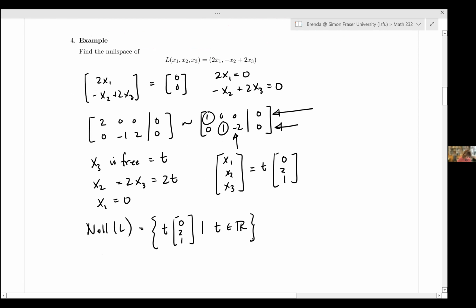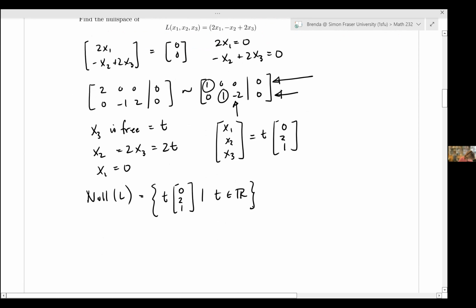Okay, and that is a line. The other way of writing this is that this here is a basis for the null space of L. Okay, so we can find the null space.